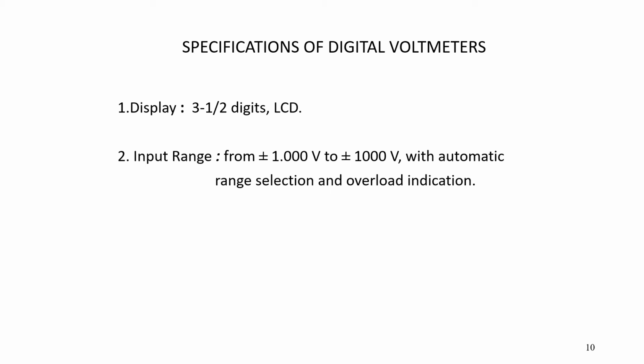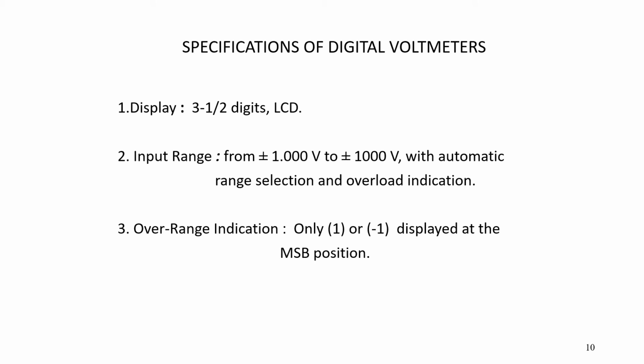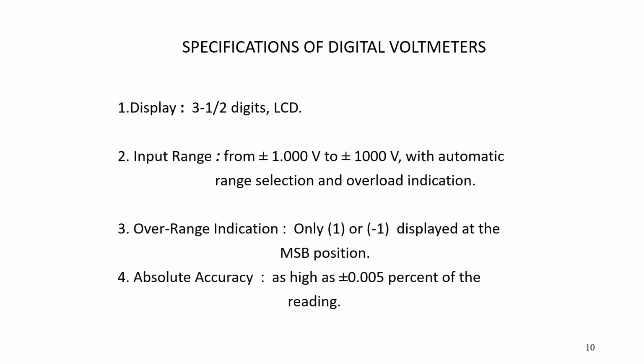It may be from plus or minus 1 volt to plus or minus 1000 volts with automatic range selection and overload indication. So each and every time we measure the voltage, we need not check the range or the polarity because it has the overload indication. Next is the overrange indication, where only 1 or minus 1 is displayed at the most significant digit position.